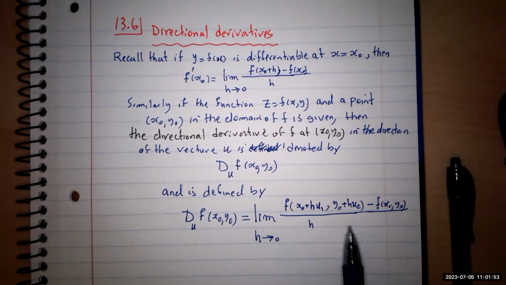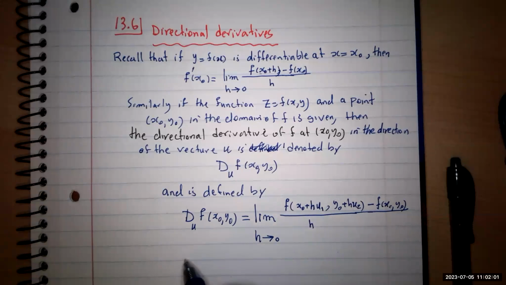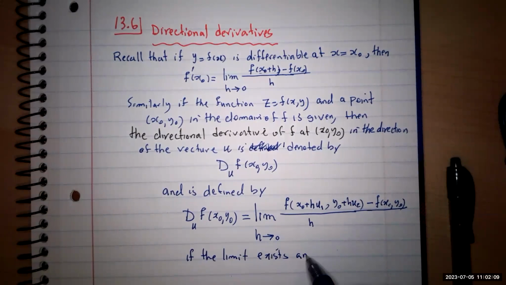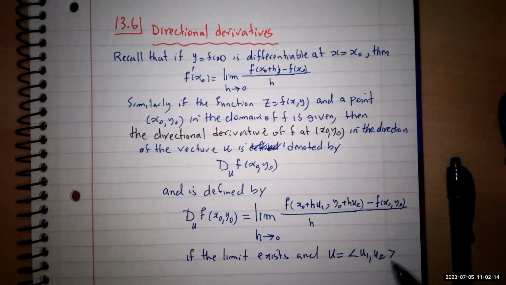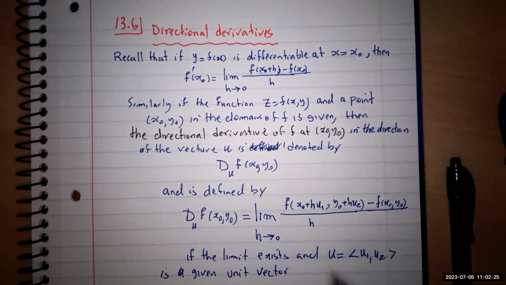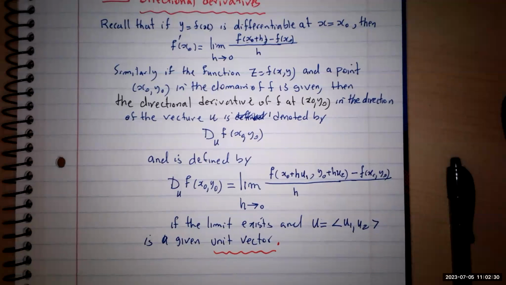Of course, this is defined by this if the limit exists, and u equal to (u1, u2) is a given unit vector. It must be a unit vector to be able to do it. So that makes sense.